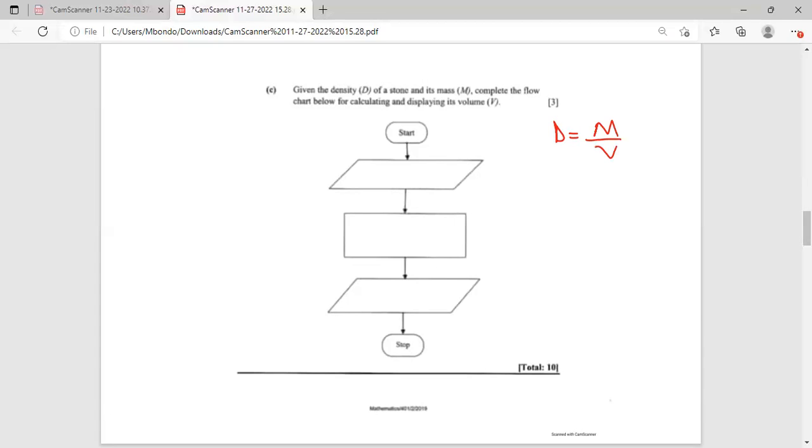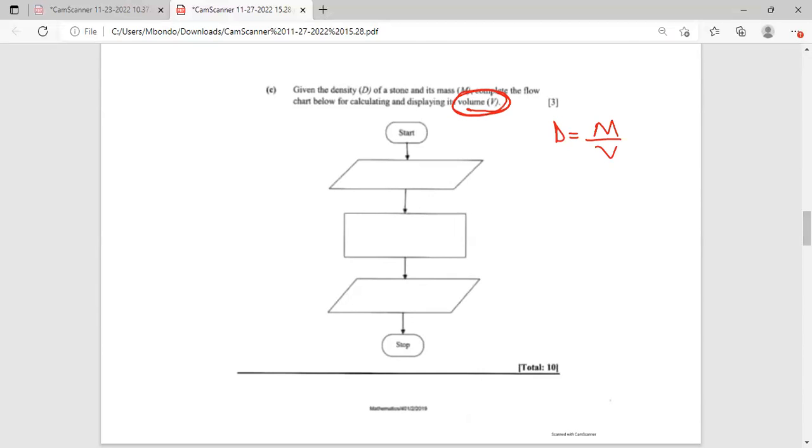Given the density of a stone and its mass, complete the flow chart below for calculating and displaying volume. Take note, here we are calculating volume.